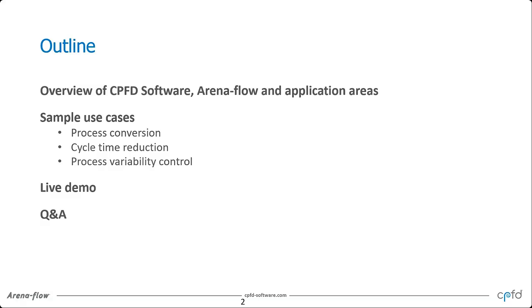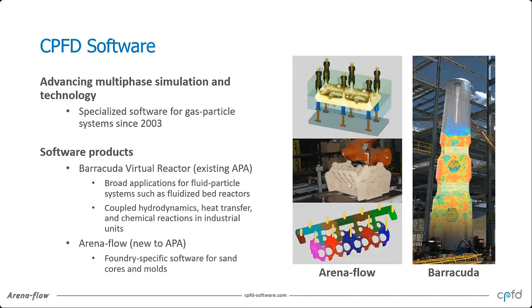We'll look at three short use cases, and then we're going to launch into a live demonstration by my colleague Thomas. We've intentionally left considerable time for Q&A to be able to answer your questions. So please do not hesitate to put them in the Q&A panel as we go.